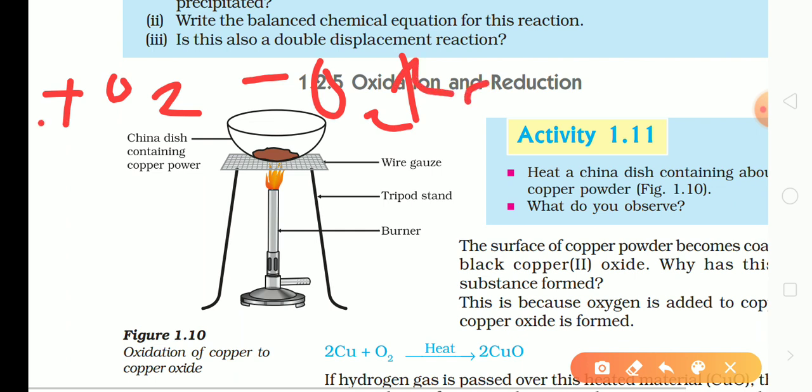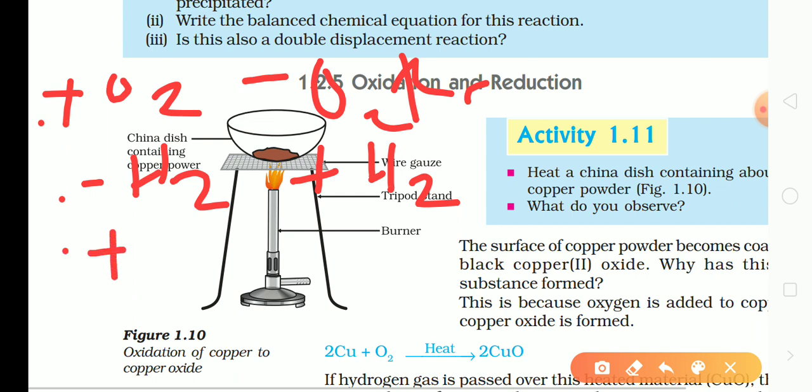Now comes the second definition: removal of hydrogen is oxidation and addition of hydrogen is reduction. Now the third definition: addition of an electronegative element is called oxidation and removal of an electronegative element is called reduction.